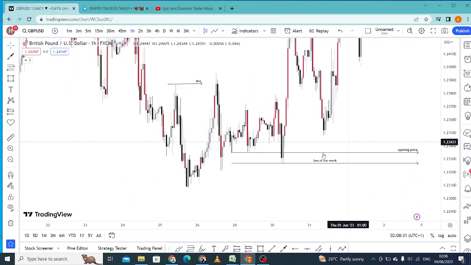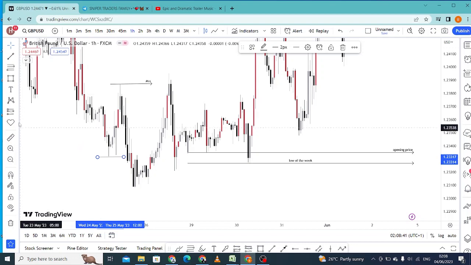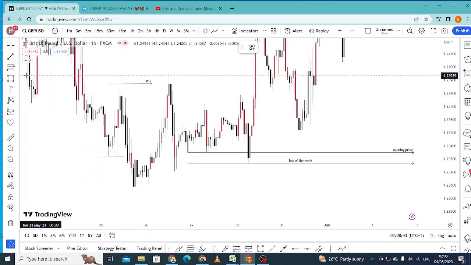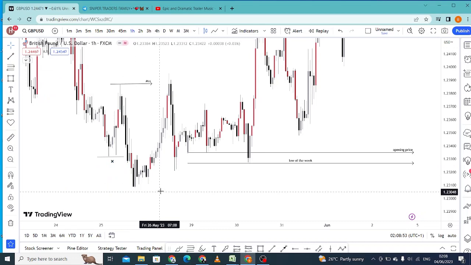This is an institutional reference point. I'll be teaching all of these in a later lesson: institutional order flow, institutional reference points, institutional entry drill. Those are the things I'm going to teach you.